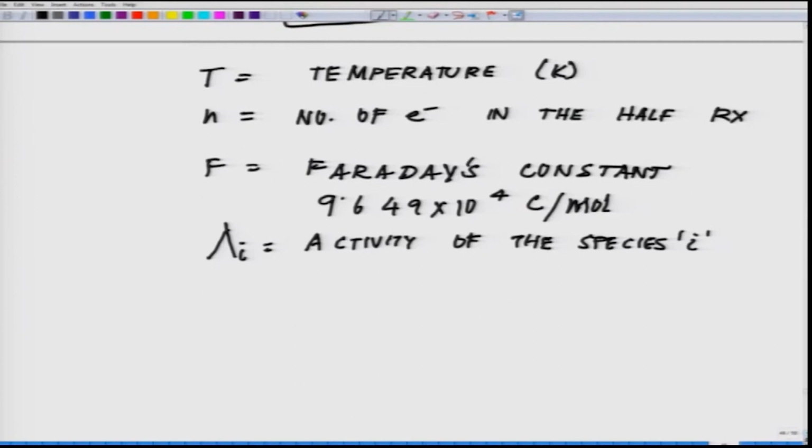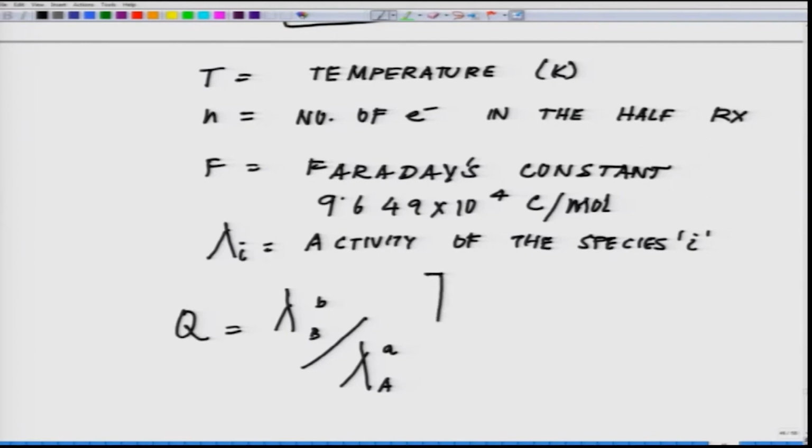So, now what you can do, the logarithmic term in the Nernst equation is the reaction quotient, which is your Q, which in this case is A_B upon A_A. Q has the same form as the equilibrium constant, but the activities need not have their equilibrium values.